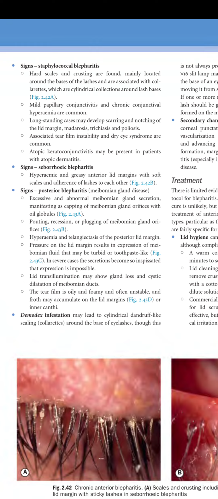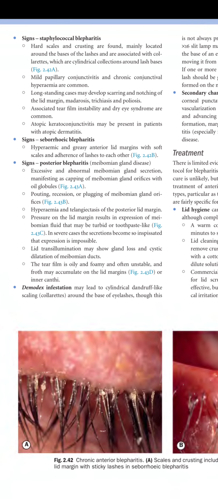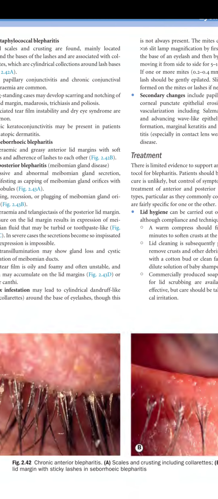Seborrheic blepharitis: hyperemic, greasy anterior lid margin with a soft scale and adherence of the lashes to each other. So this type of blepharitis, seborrheic blepharitis, will have greasy exudates. You will see that it is oily, and there will be adherence of the lashes to each other.